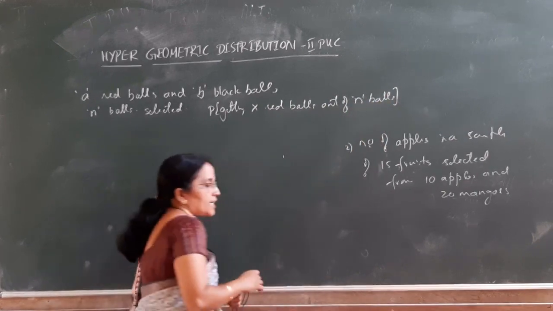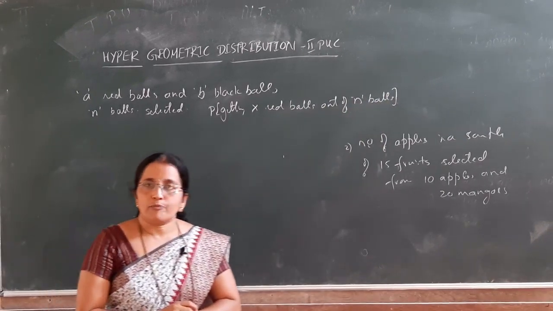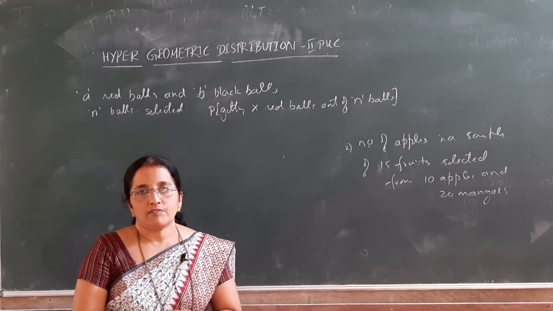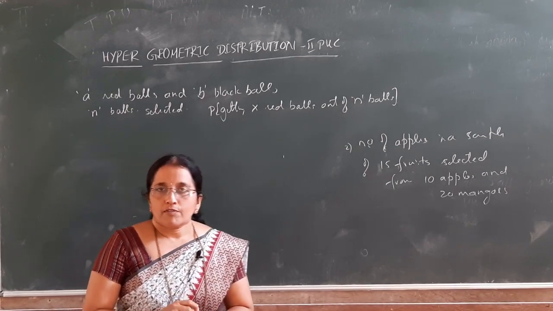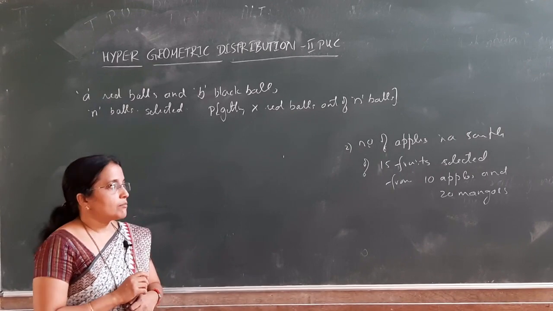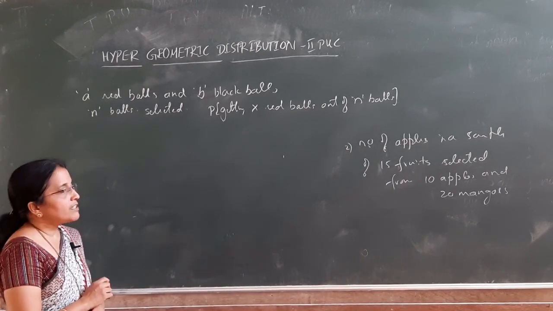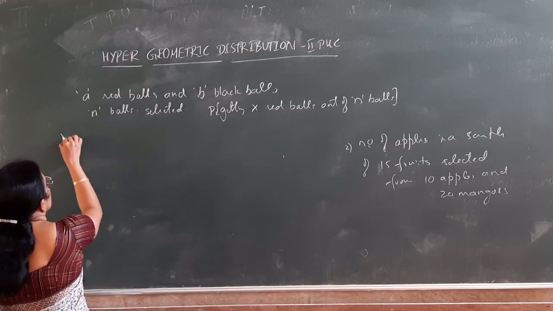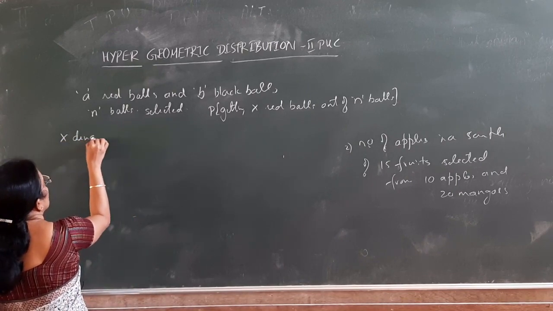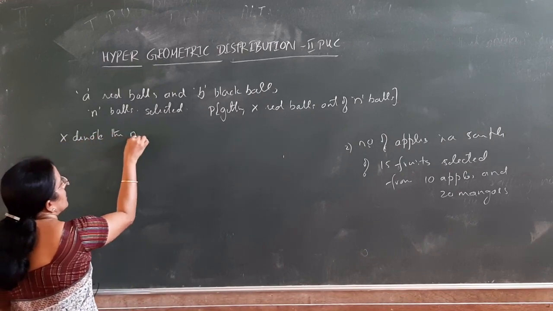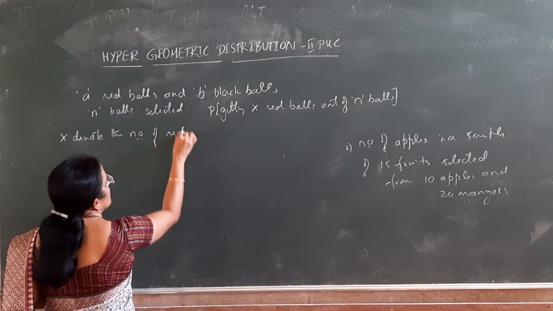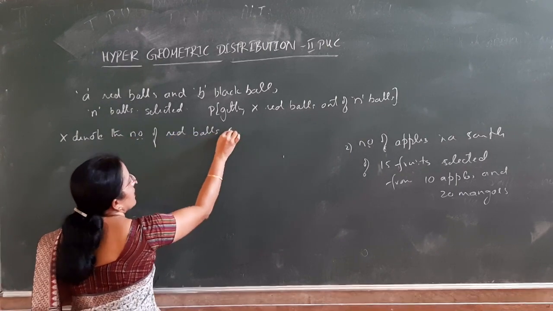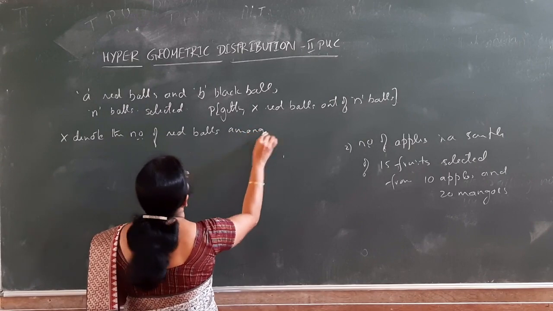To find this, we can adopt the classical definition of probability, that is, probability of an event is equal to the number of favorable outcomes divided by the total number of outcomes. First of all, define x. Let x denote the number of red balls among the n balls we are going to select.